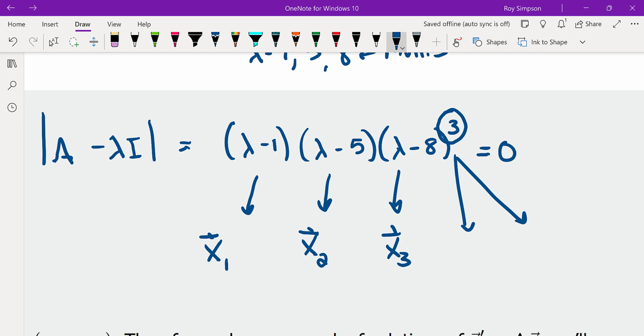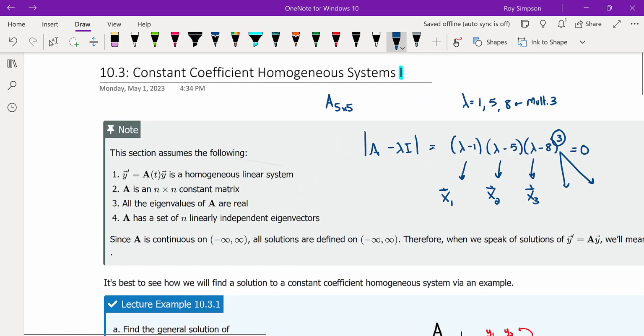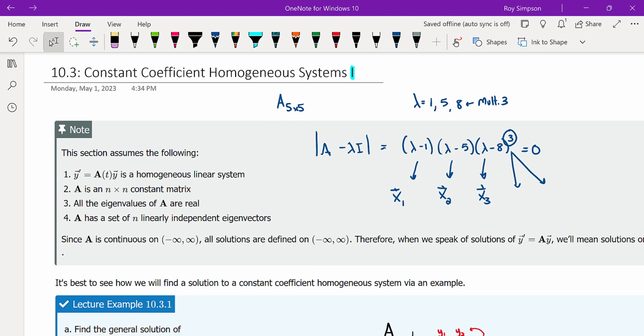Section 10.3 really started us off on the idea that we're going to assume that we're going to give you matrices that have n linearly independent eigenvectors.